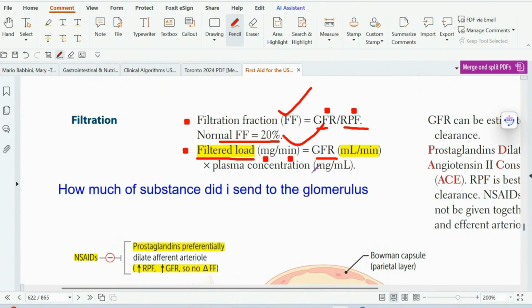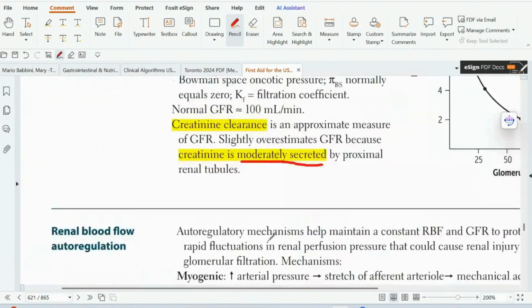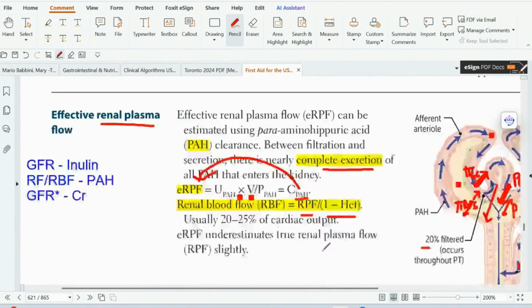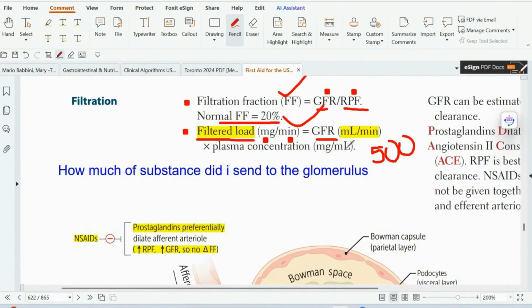Let's say I gave drug A, and drug A leads to a plasma concentration of 500 mg/ml. I don't think it should be that much, but 500 mg/ml. And typical GFR is how much? I think it's like 100 ml per minute. So all I do is multiply them: 100 ml per minute times 500 milligrams, so 50,000 milligrams per minute. Does that make sense?